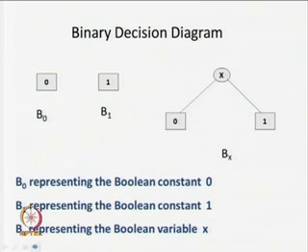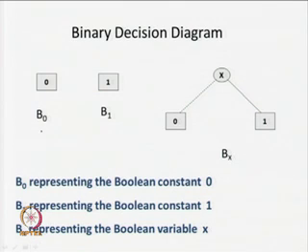Now, what are the primitive binary decision diagrams? In this case, we are going to get 3 primitive binary decision diagrams, and with the help of these 3, we are going to construct the binary decision diagram of any given Boolean function.